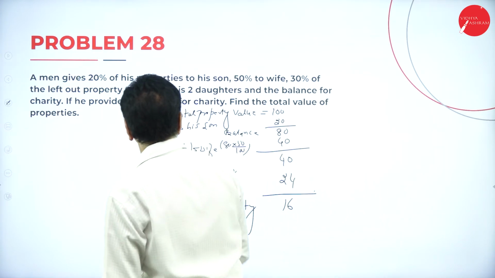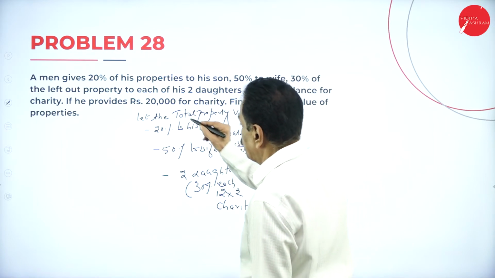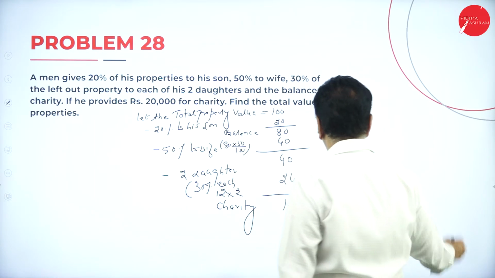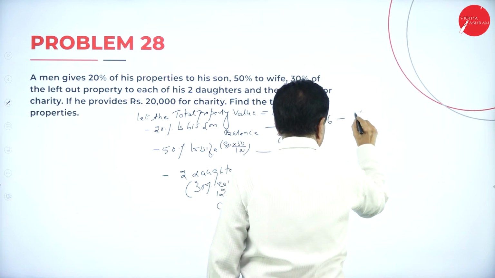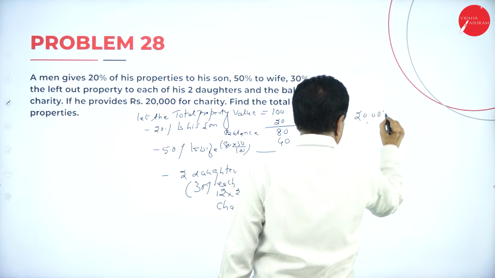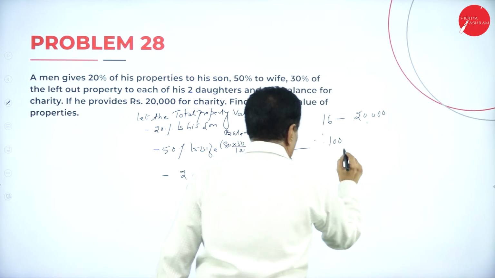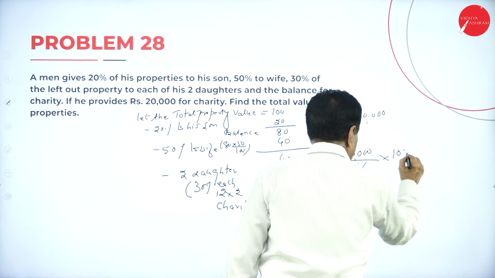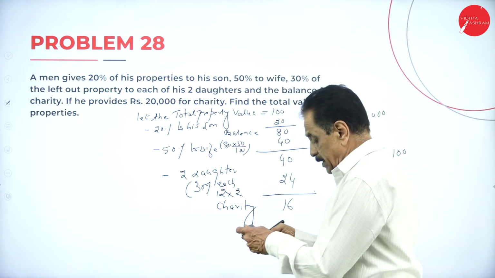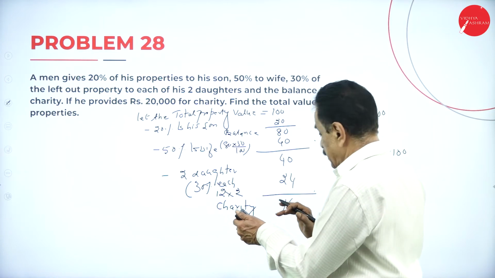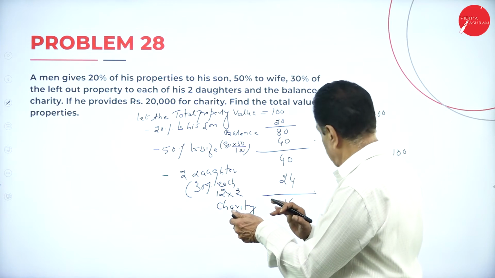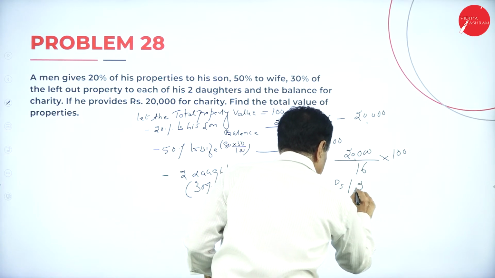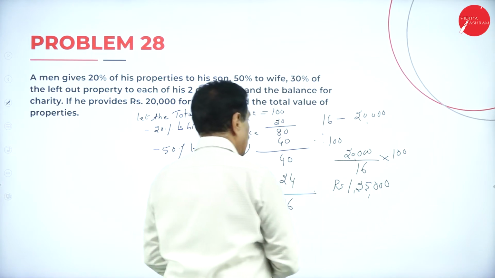So 16 is equal to 20,000. Therefore, for 100, it is 20,000 divided by 16 into 100, which is 1,25,000.